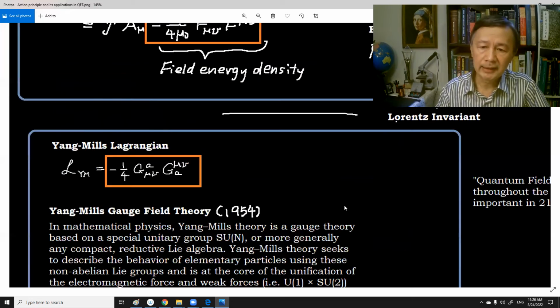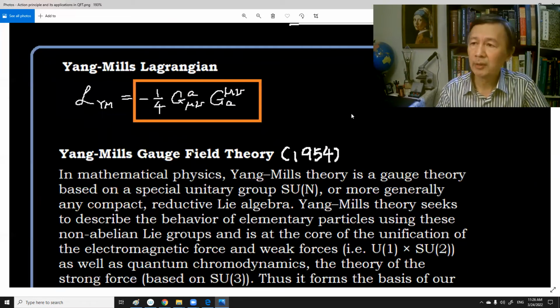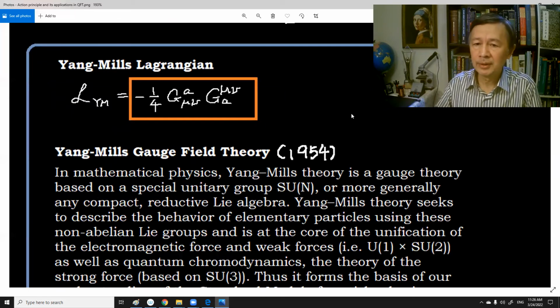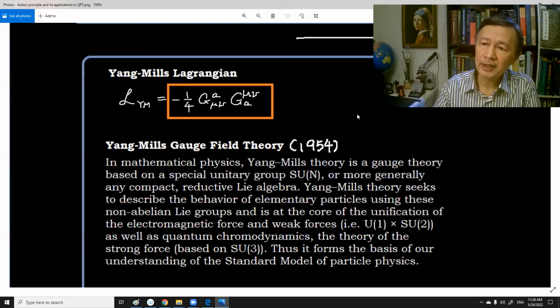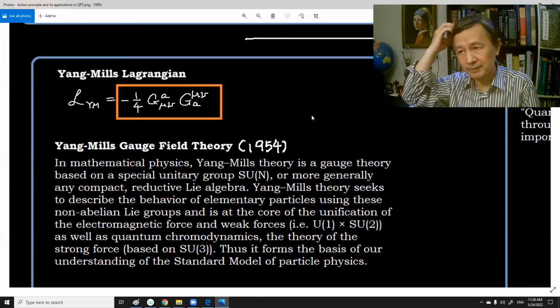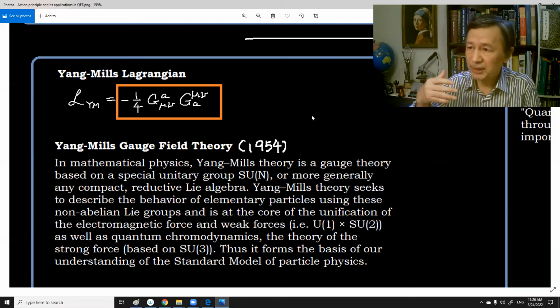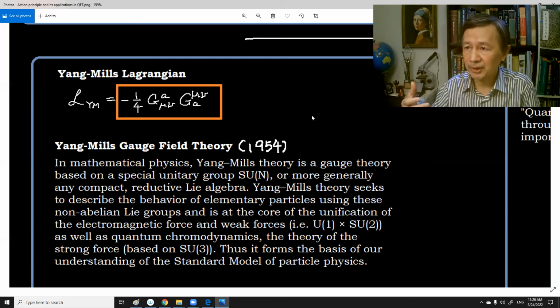Of course, this is another important idea. It's called the Yang-Mills Lagrangian. It is a mathematical field theory derived by the two physicists, Yang and Mills, in 1954, in line with the argument that under the so-called gauge transformation, we should be able to derive the general form of the Lagrangian to study other interactions beyond the electromagnetic interaction.